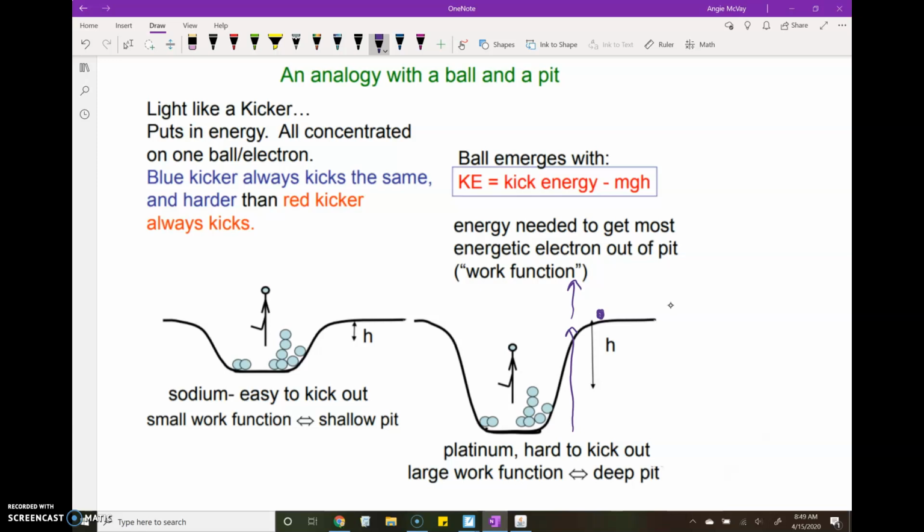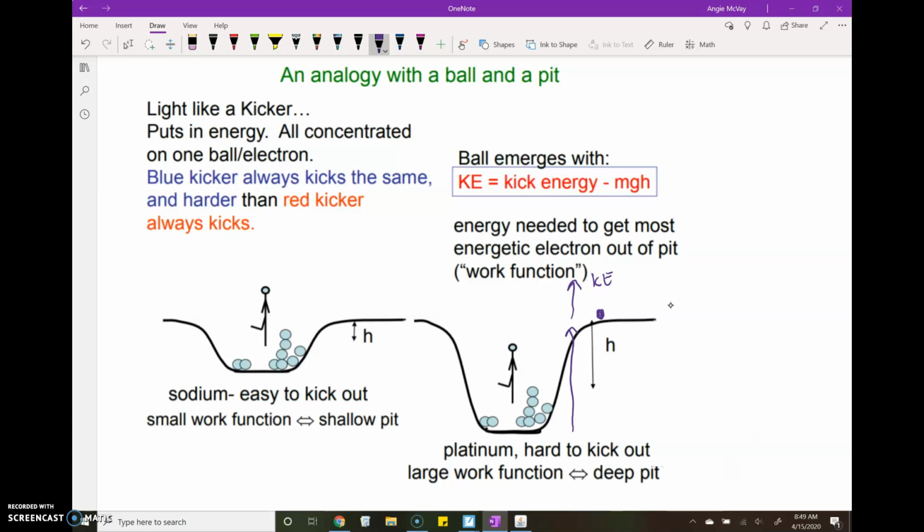So the kinetic energy the ball has when it's come out of the pit is equal to the kinetic energy that it had down here from the kick, as it was gaining gravitational potential energy and losing kinetic energy to get out of the pit.